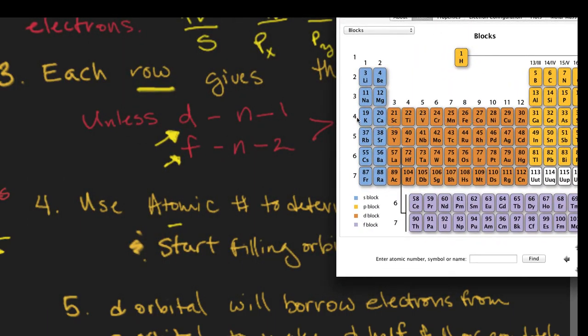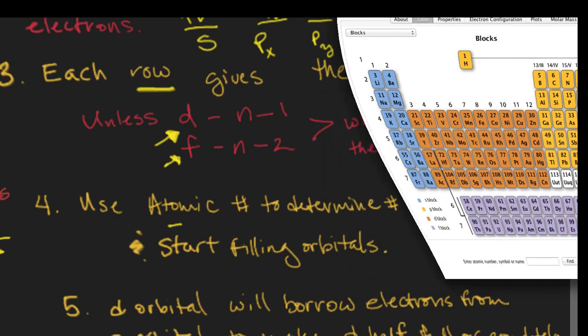So for instance, in this row, even though these S ones and the P ones are going to be 4, this will be a 3. Do you see it? Okay. And then by the same token, the F's down here, you're going to have to subtract 2 from the principal quantum number. All right? So keep that in mind when you're writing the electron configurations. A lot of people forget.